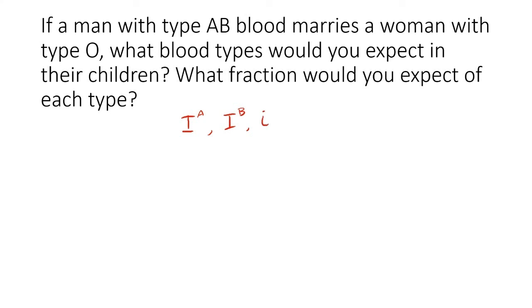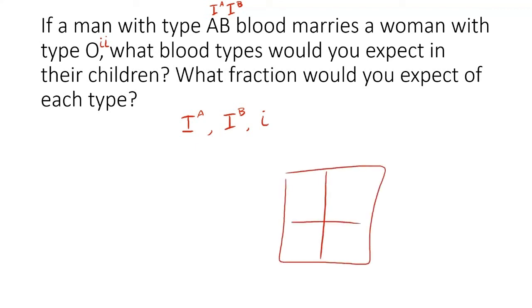The woman with type O blood, that is the phenotype you get when you have two recessive alleles. The man with AB type blood has one of each kind of dominant allele. So we can do an easy Punnett square for this cross here.